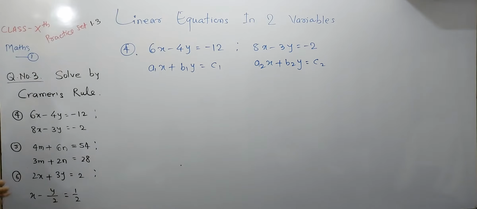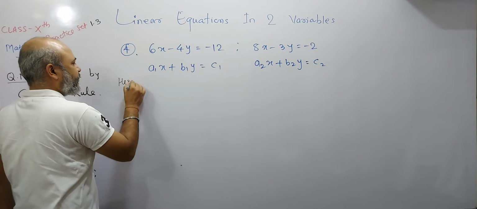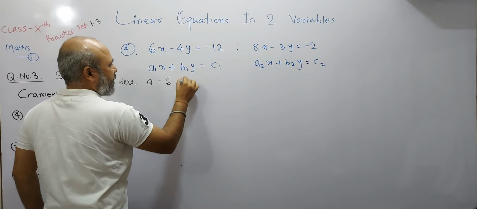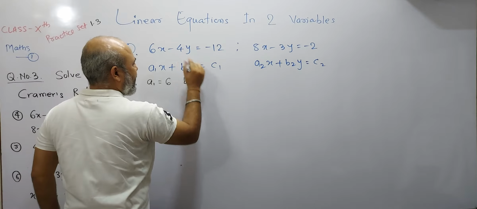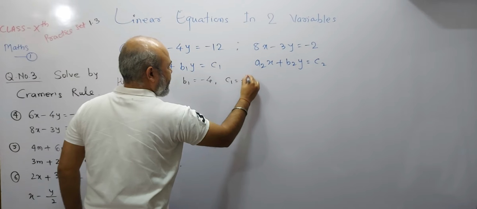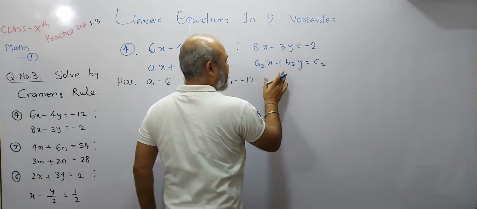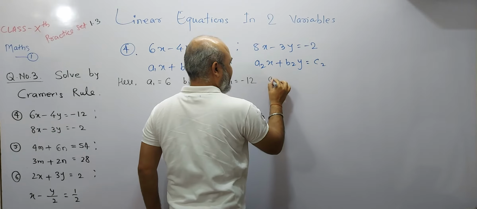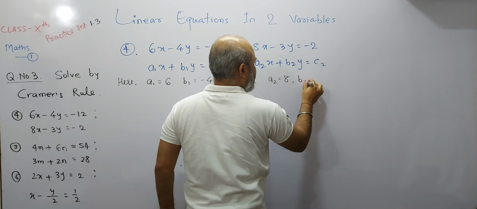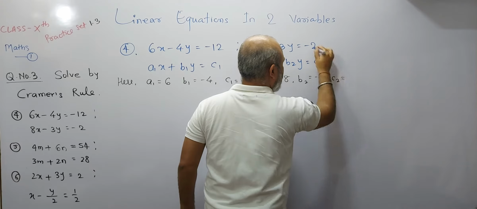So you will get here a1 is equal to 6, b1 is equal to minus 4 and c1 is equal to minus 12. And from this equation you will get a2 is equal to 8, b2 is equal to minus 3 and c2 is equal to minus 2.